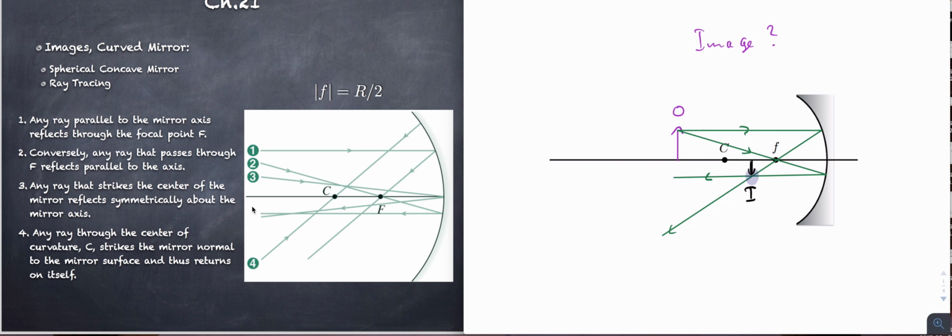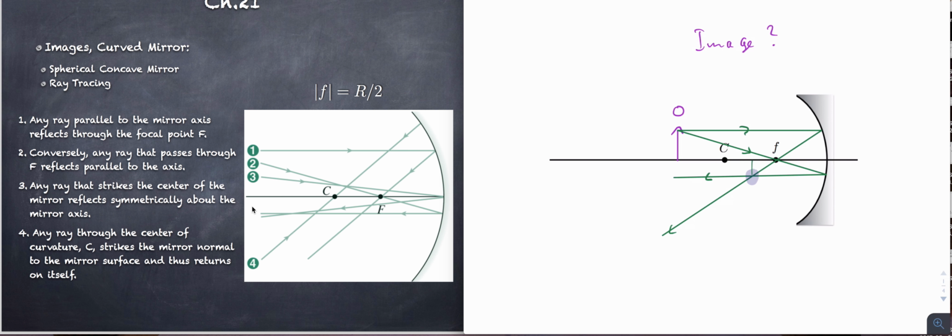So it's decreased, by however much magnification is being created by this scenario. Very good. So that's the example where we've placed the object away from the mirror, past the center of curvature.